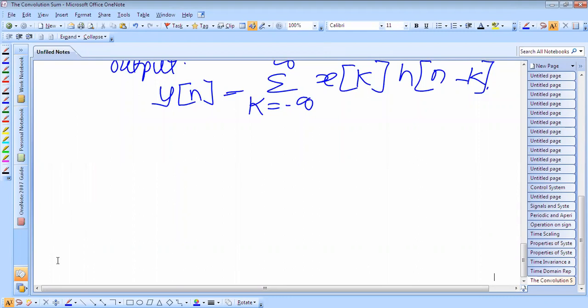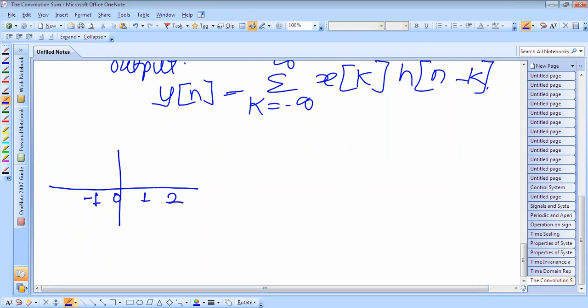Okay, so let us consider a linear time system with impulse response h of n and the input. The input is given like this: the points are at 0, -1, 1, 2.